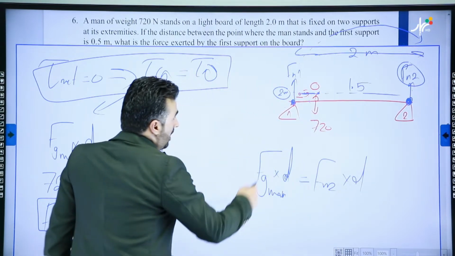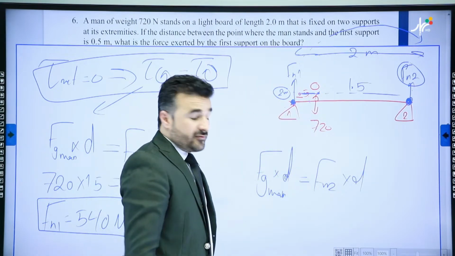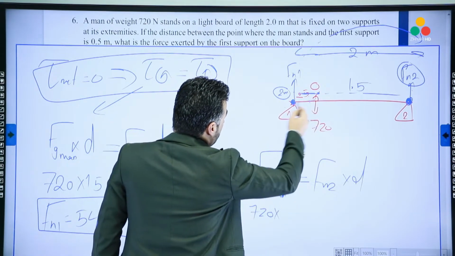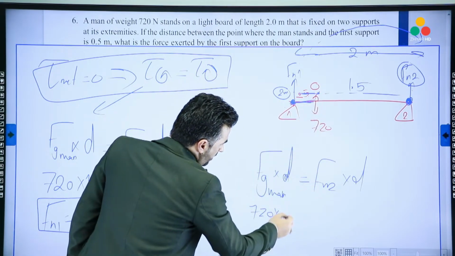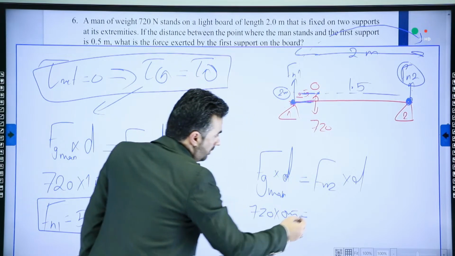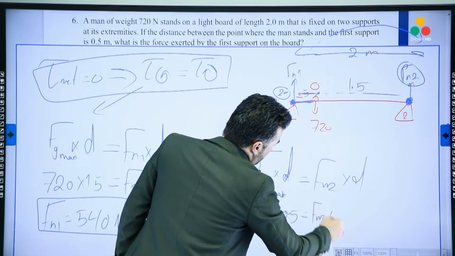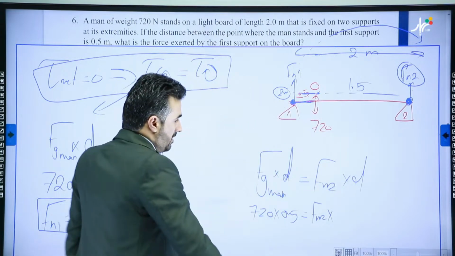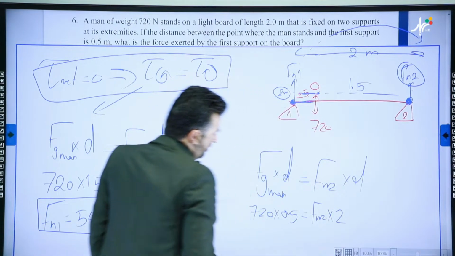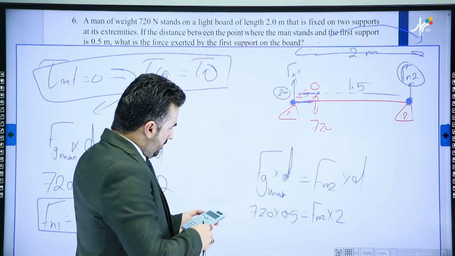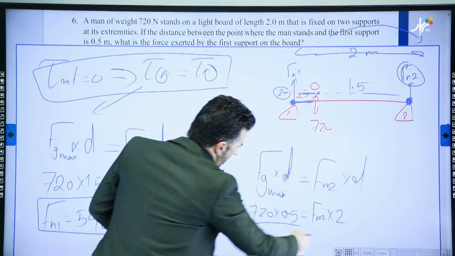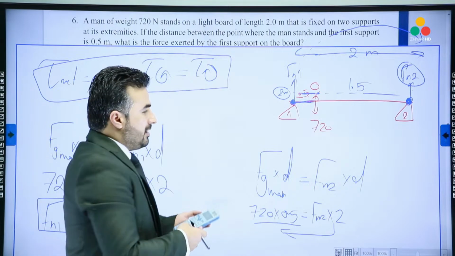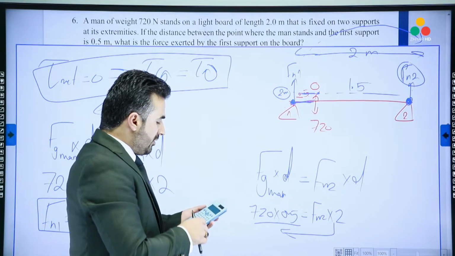But remember, this is the axis of rotation in this case. So 720 multiplied by, how far is the man from the axis of rotation? That is just 0.5, and that equals Fn2 multiplied by the distance. How far is the second force? Of course, that is the whole length of the board, which is 2 meters again. So you just multiply this by 2 and then divide by the 2, and then you'll find the force exerted on the board by the second support.